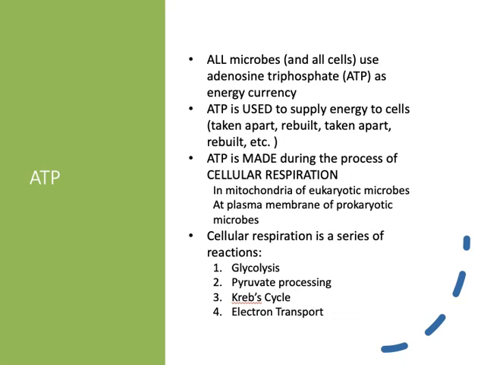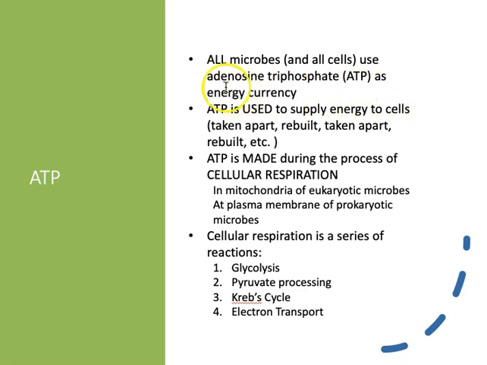Remember, too, that all microbes, in fact, all living cells, use a molecule called adenosine triphosphate, or ATP, as their energy currency. ATP is used to supply energy to cells. The way it gets used is by having its outer phosphate group removed and then put back on, over and over again.